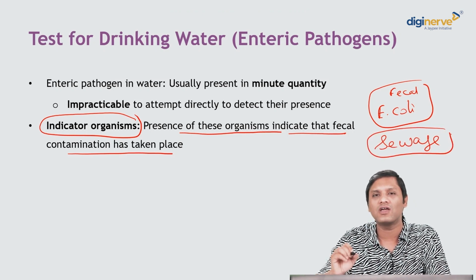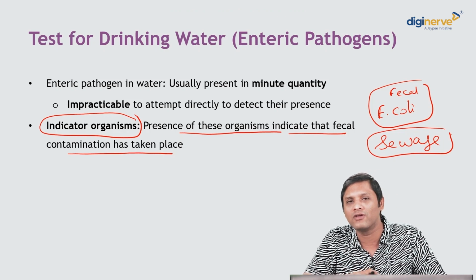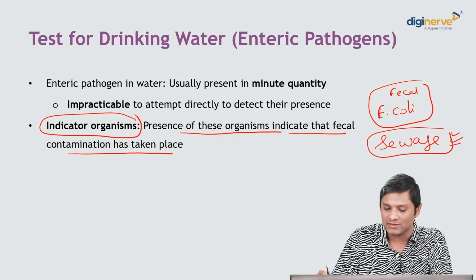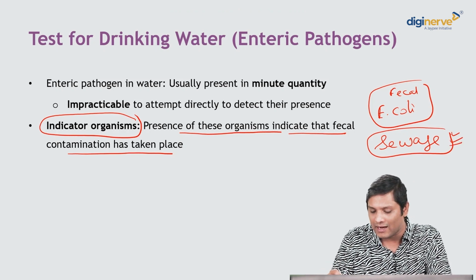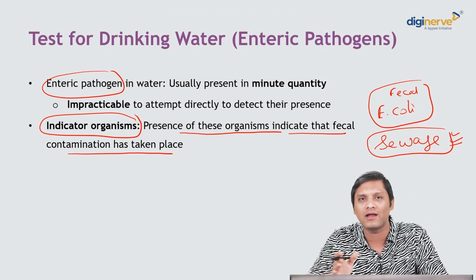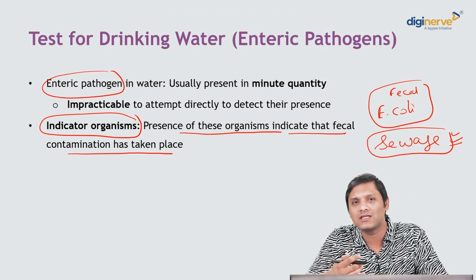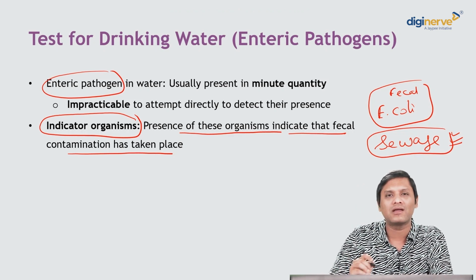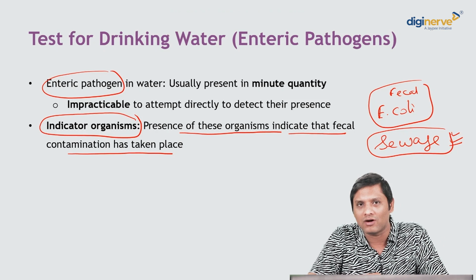Fecal contamination of the drinking water is most common, and when you have fecal contamination, the various enteric pathogens which may be present in the feces may contaminate the water, as well as various fecal commensals.